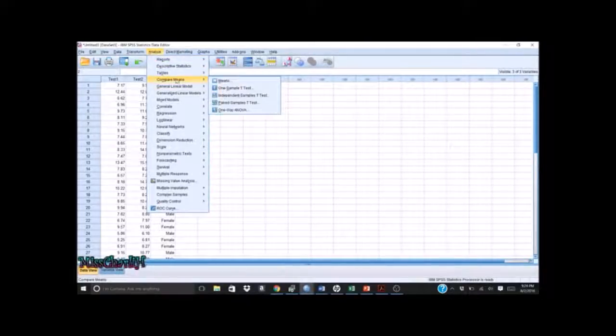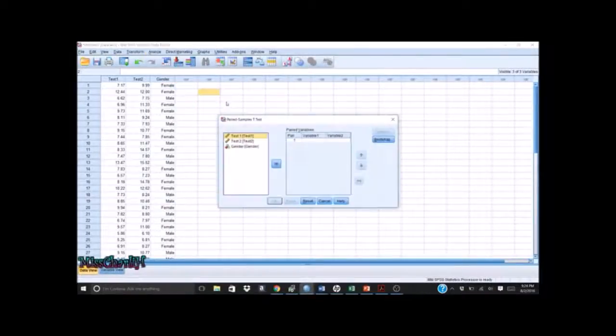I'm going to go into Compare Means, and I'm going to run a paired samples t-test. This box looks quite different, and what it's telling me is for each pair, what is one variable, what is the second variable. So test 1 is one variable, and test 2 is one variable. And you can see it opens up right here.